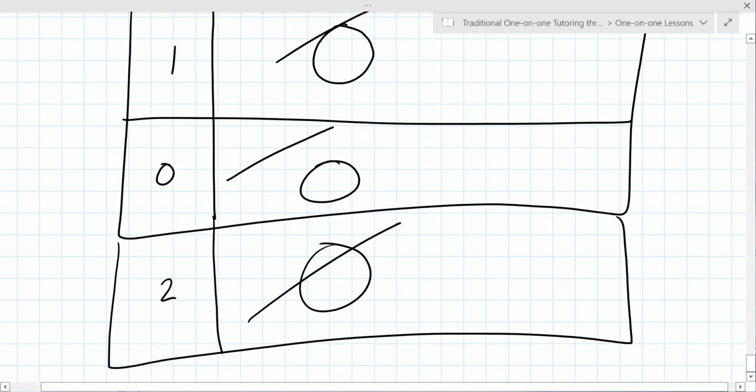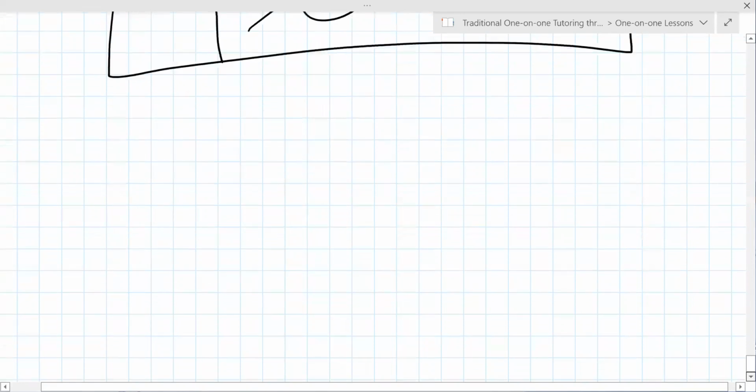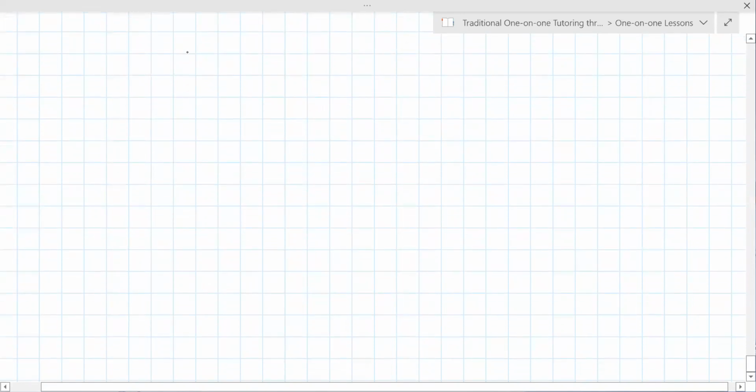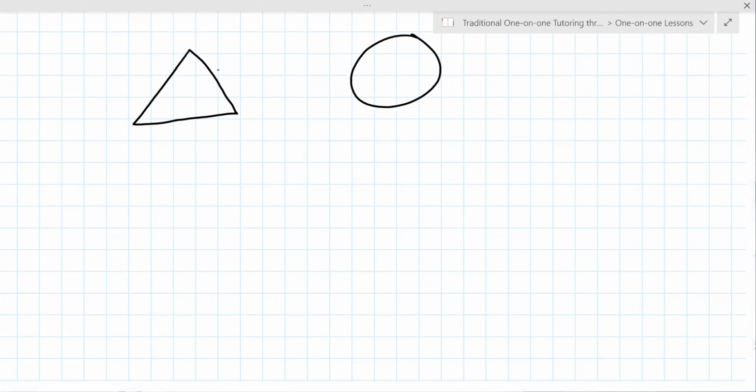Now, this is where I think there are some really interesting questions. Think about a triangle and a circle, and you can choose any kind of triangle you want. How many different ways can they intersect? Probably like a dozen, if not more. Okay, let's not do a dozen. Let's do three.